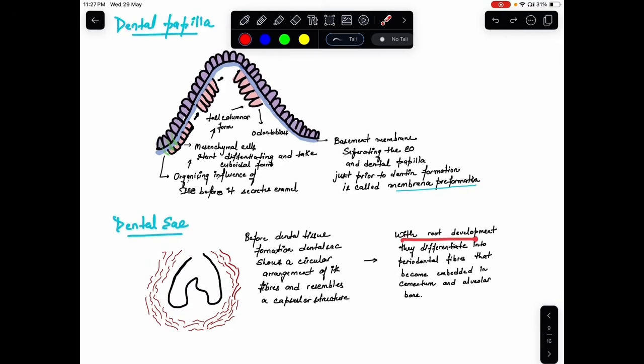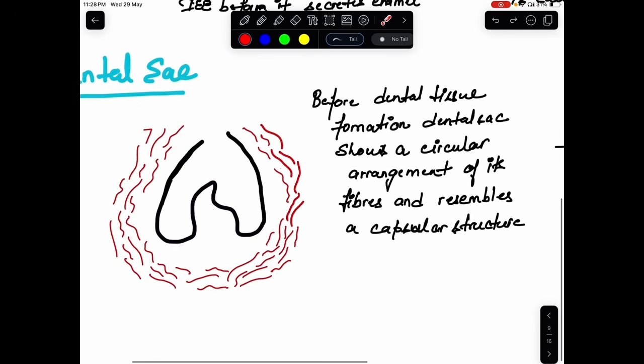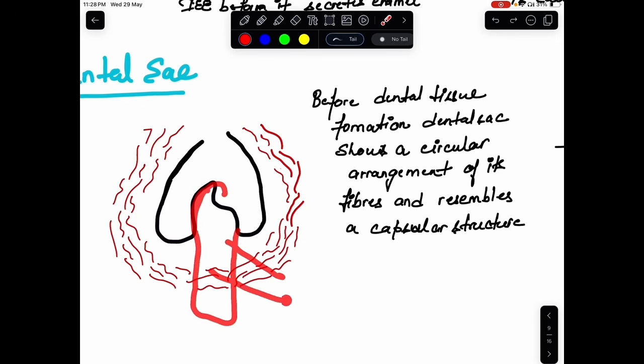With root development, these differentiate into periodontal fibers that become embedded in the cementum and the alveolar bone. Right now the crown is developing. When the roots start developing, these fibers will form the periodontal ligament, and they will be embedded in the cementum and the alveolar bone.